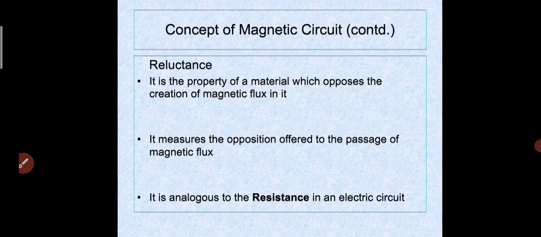Next one, it measures the opposition offered to the passage of magnetic flux. Next one, it is analogous to the resistance in an electric circuit.